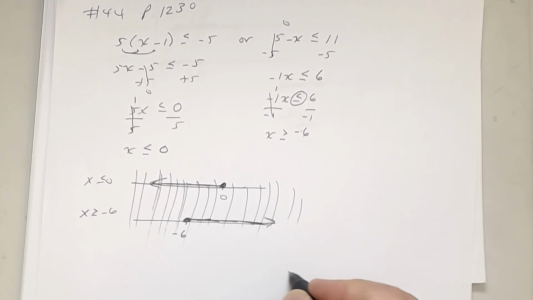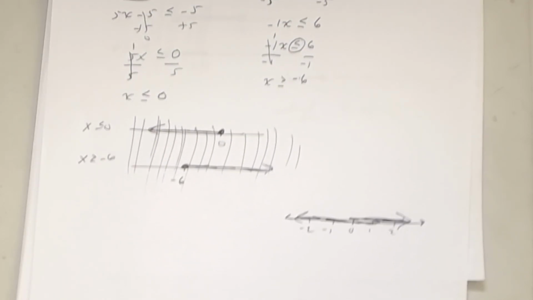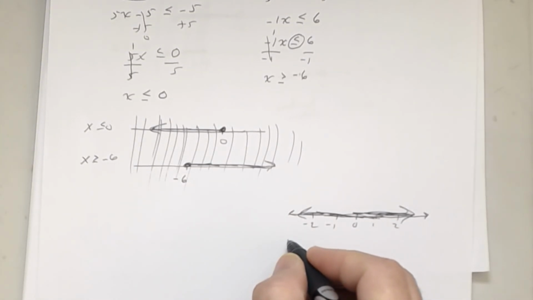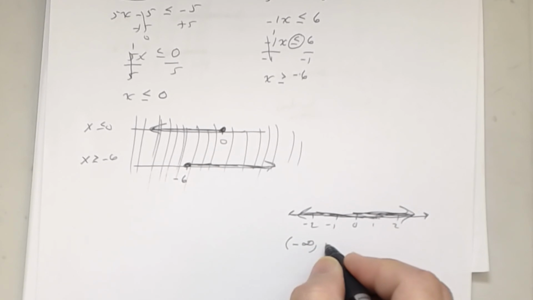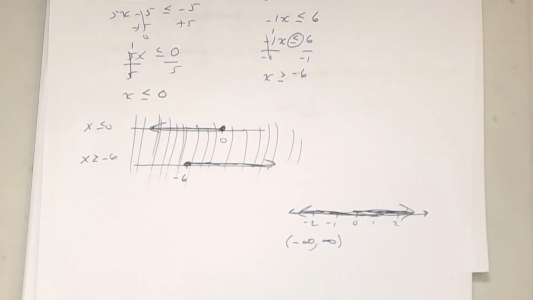So in terms of the number line, you would just shade in the whole thing, just like this, with the arrows. Okay, so any real number is a solution. Now, what does that look like in interval notation? Parentheses, negative infinity, comma, positive infinity, parentheses. Okay. All right.